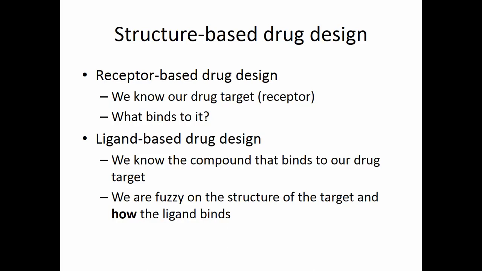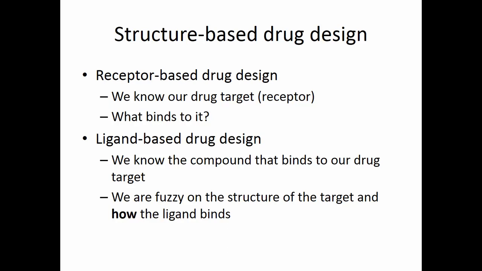And it depends, again like pharmacophores, on the information you're given. If you're given a binding site, then try to fit something into that binding site. If you are given a compound and told this compound binds to an enzyme that we want to target, look at a list of other compounds.